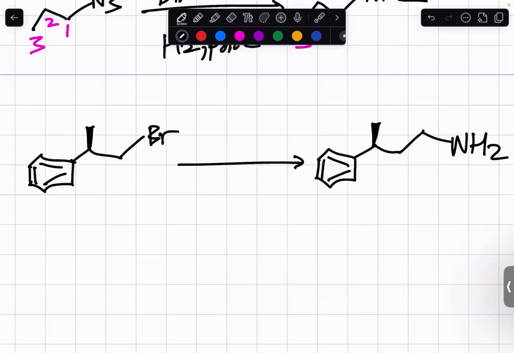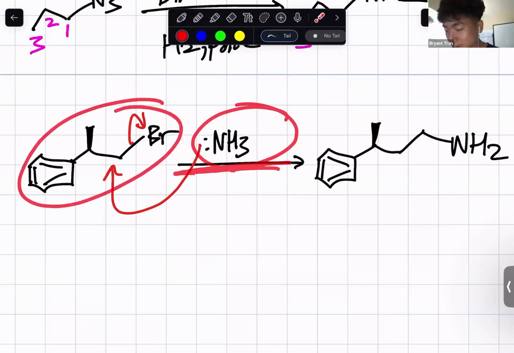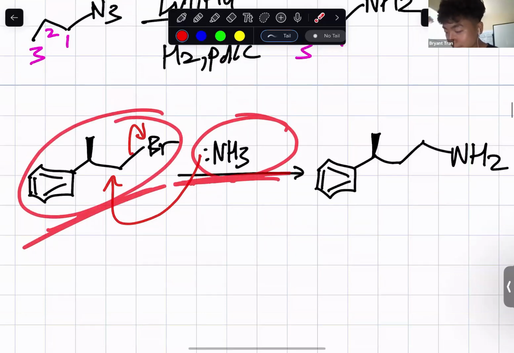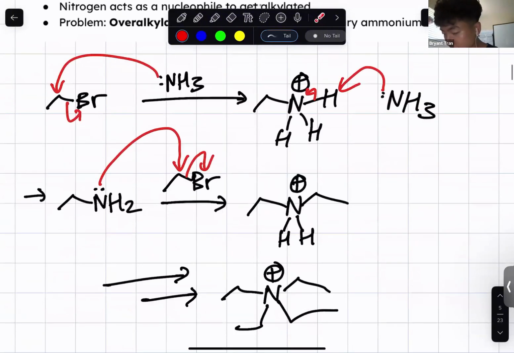So we would add NH3 to kick off the Br. Just like how we did in the beginning, when we add NH3 right here, assume an excess amount of this and an excess amount of the haloalkane. This is the very first thing we went over, which is overalkylation of the amine.